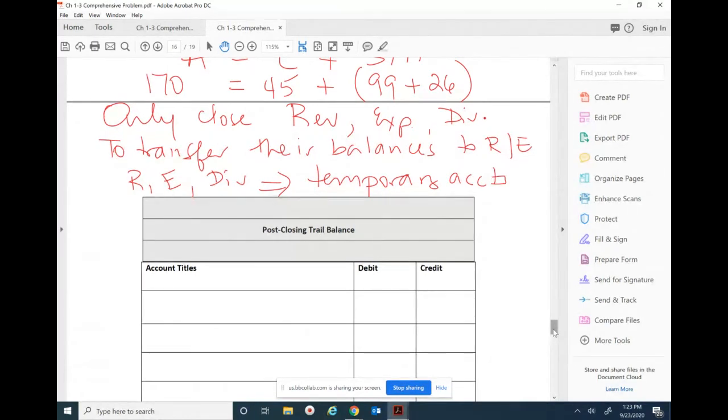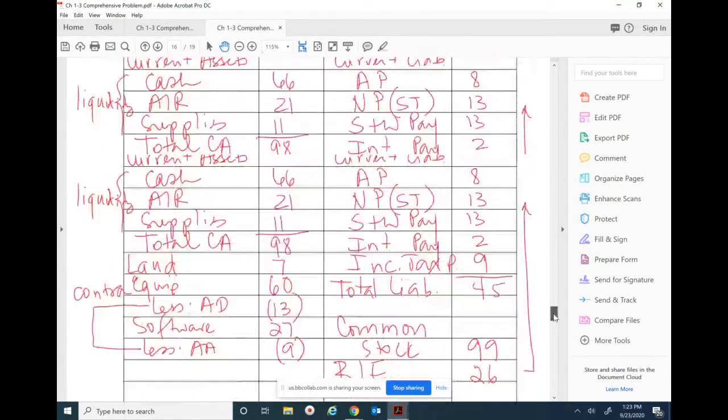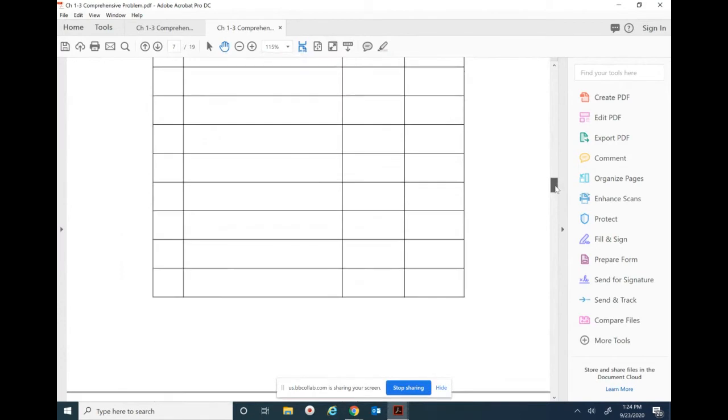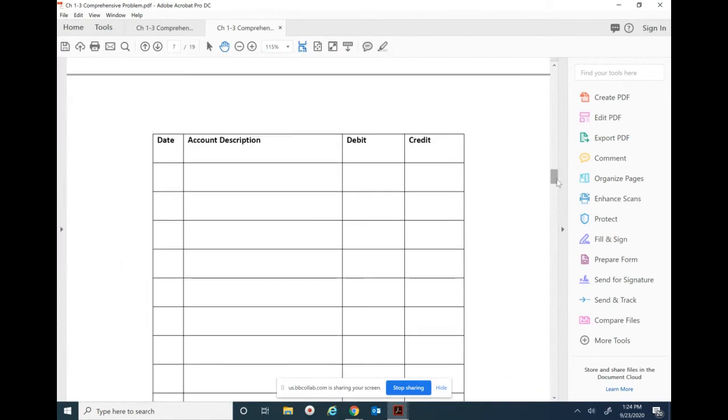So I'm going to scroll way up to where our journal entries were, and I will prepare some closing entries. So when we close service revenue, we need to debit that account.